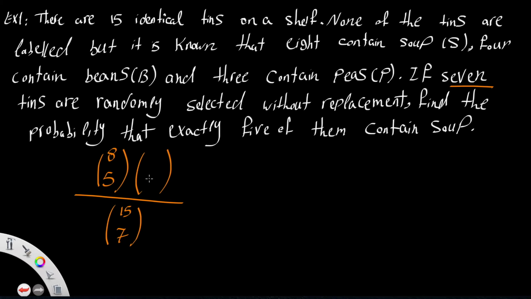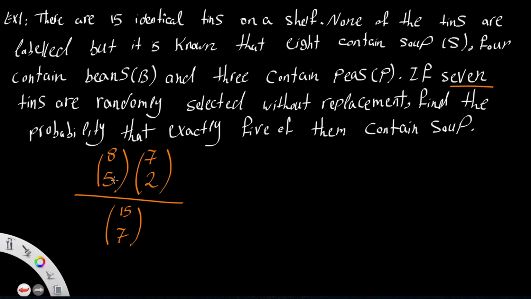So the rest of 2 tins are supposed to be out of the tins which are not containing soup. So you have 4 plus 3, which is actually 7, because it shouldn't contain soup, so it should be selected out of the rest of the tins, which are beans and peas, 3 and 4, overall 7.